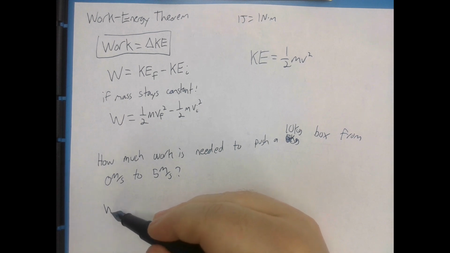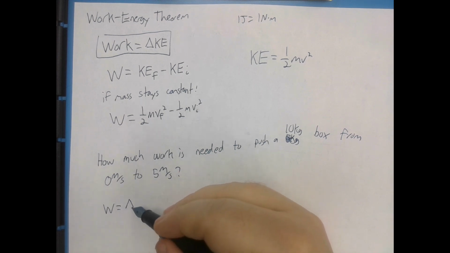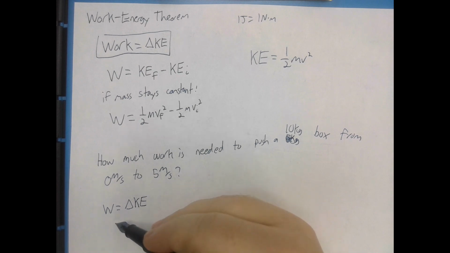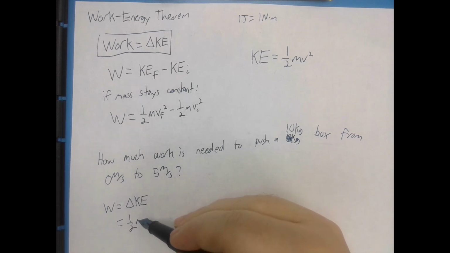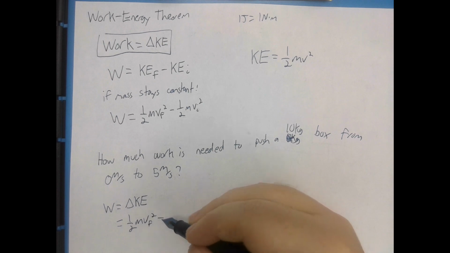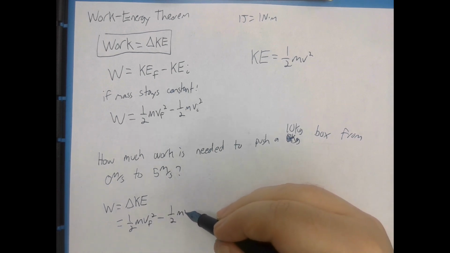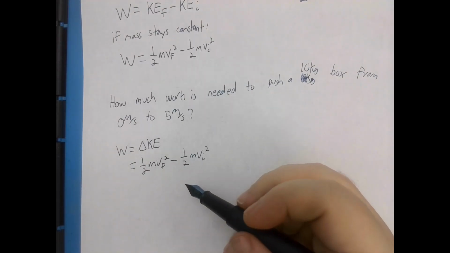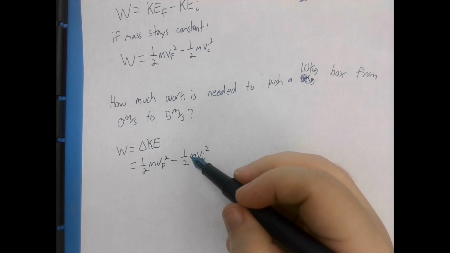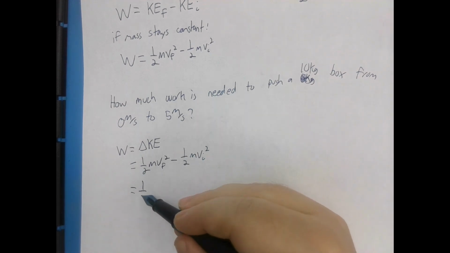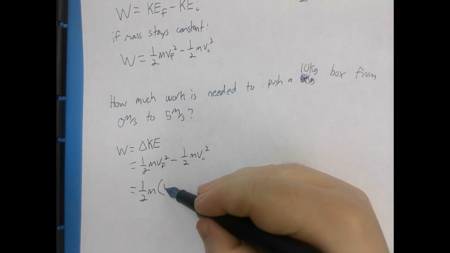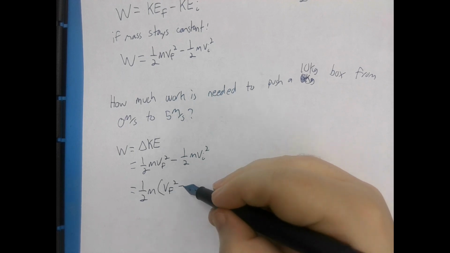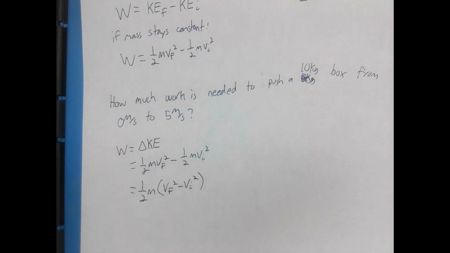We know that work is equal to the change in kinetic energy, or 1/2 mass times final velocity squared minus 1/2 times mass times initial velocity squared. Note you can factor out the 1/2 and the m, so it's the difference of squares. You don't have to. I just don't like writing 1/2 mass multiple times whenever you can factor.